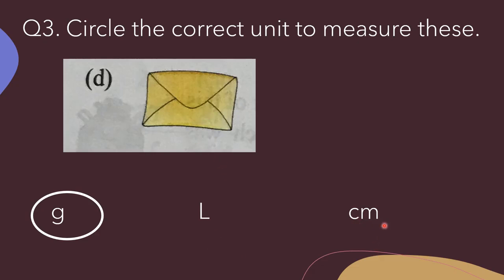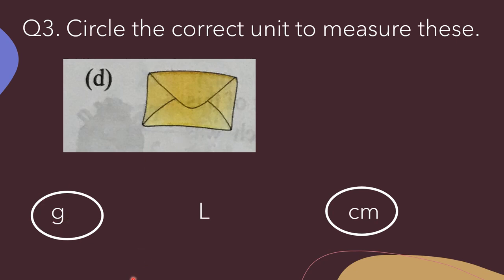Now here centimeter is given. Beta to find out the length of this envelope, okay, we can use it in centimeter. ठीक है, अगर हम इसकी लेंथ को मेजर करना चाहते हैं तो हम सेंटीमीटर की यूनिट को यूज करेंगे. So that's why we will circle this also. And if we want to find out the weight of this envelope, so gram will be used.